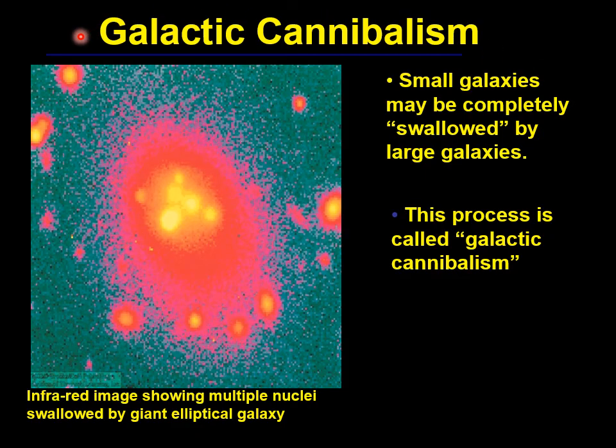Galactic cannibalism is when small galaxies are completely swallowed up by larger galaxies. In fact, our Milky Way is certainly a cannibal in this sense, because there is evidence that it has devoured smaller dwarf galaxies in its past. So this is an image here. It's kind of interesting, taken in the infrared.